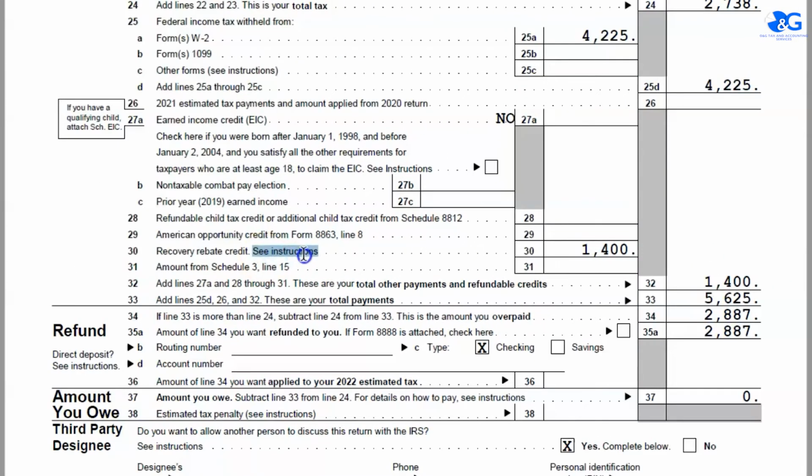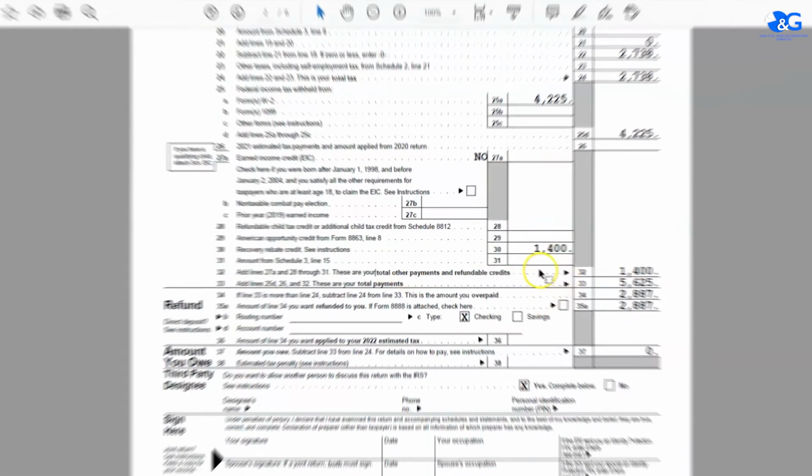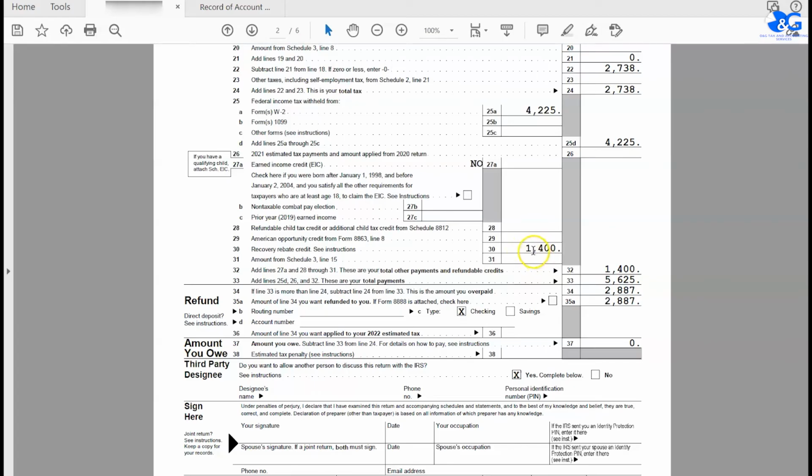This is the EIP 3 or stimulus check 3 that the IRS sent back in 2021. Now, if you genuinely did not receive this, you can actually claim it on line 30. In this case, this client actually got it, but for some reason she forgot that she received it, and so she claimed it, and then the IRS reversed it.